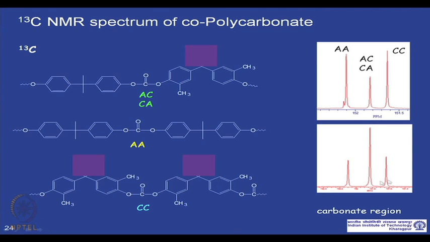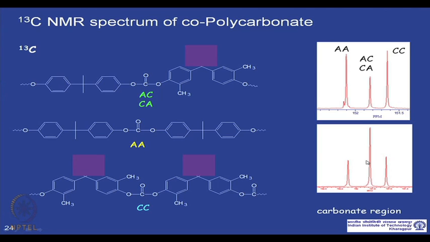So, from this NMR spectrum, we can say that in this process we get a statistical random copolymer, whereas in this case you can see that the tendency of formation of AA type carbonate and CC type carbonate is much higher than the AC or CA type carbonate, which means the polycarbonate here is more blocky in nature than this.